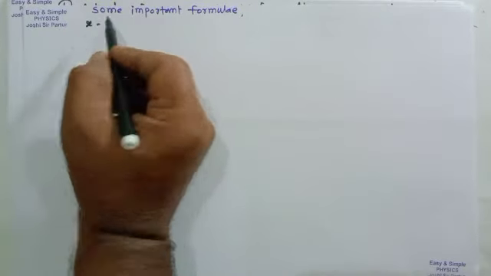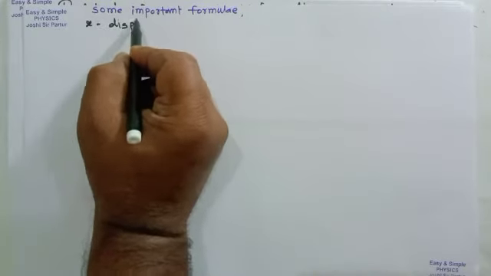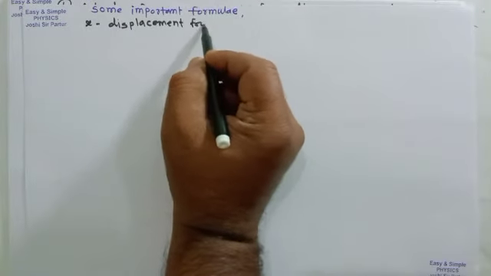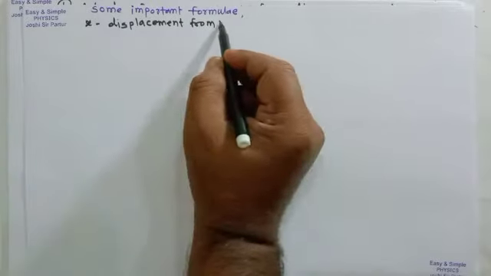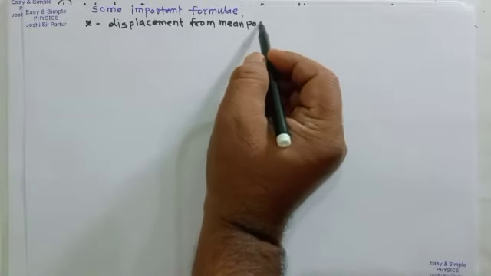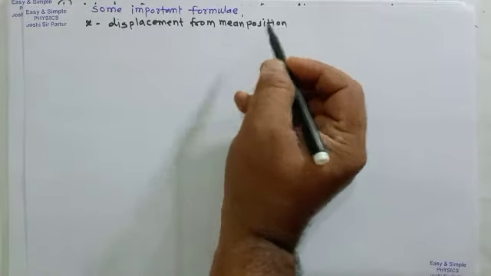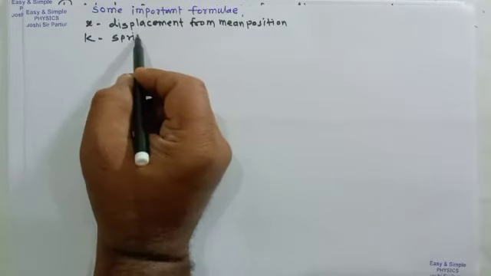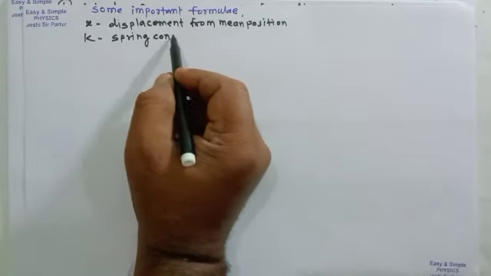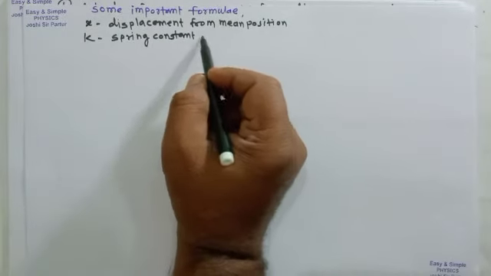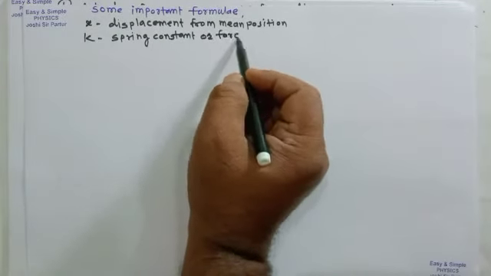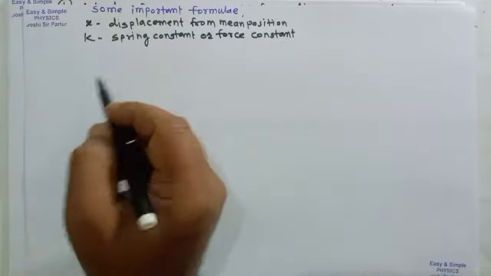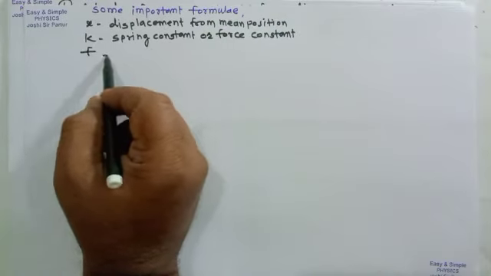x is displacement from mean position and k is spring constant or force constant, and F is force.